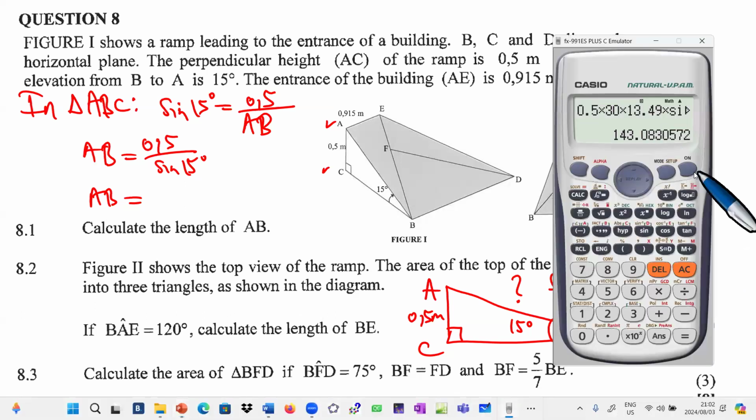So now we're going to have exactly 0.5 divided by the sine of 15. And therefore the answer is 1.93.